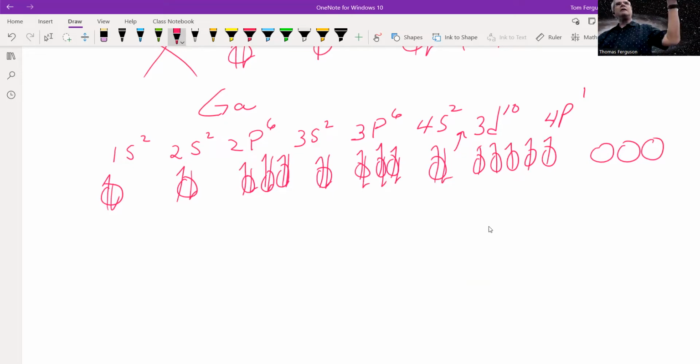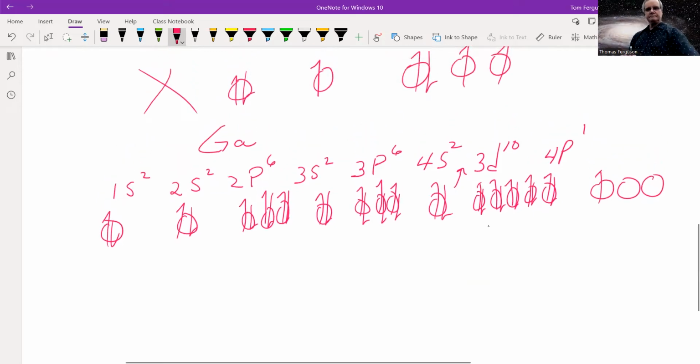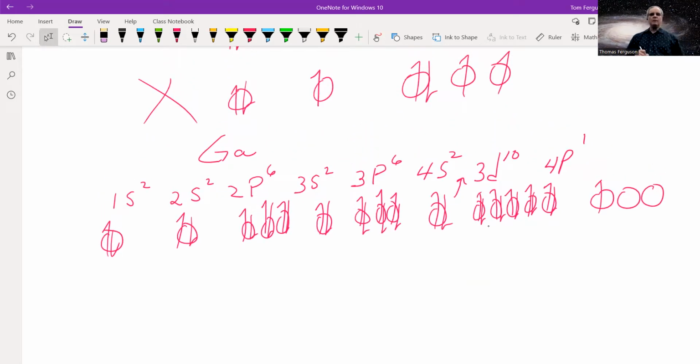Notice how I fill all of them first with 1 electron, then we pair them up afterwards. And we're 1 into the p block. So that's the orbital representation for gallium.